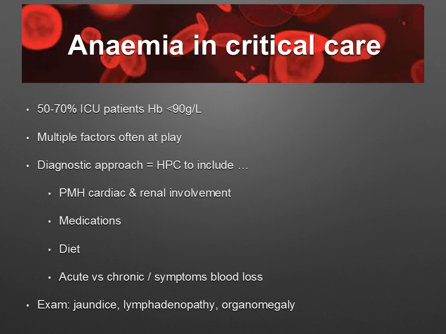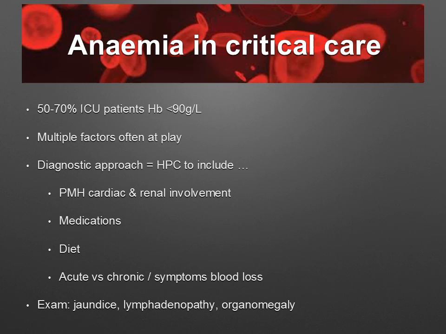In terms of the diagnostic approach, obviously history is extremely important, and we need to examine for pre-existing comorbidities such as cardiac or renal involvement, consider medications that may be at play, dietary or nutritional deficiencies, as well as symptoms that are suggestive of blood loss.